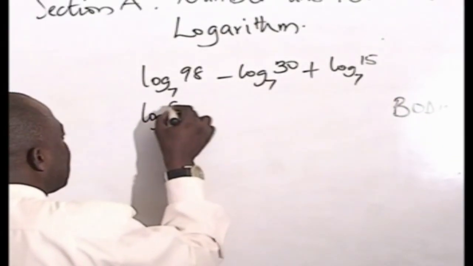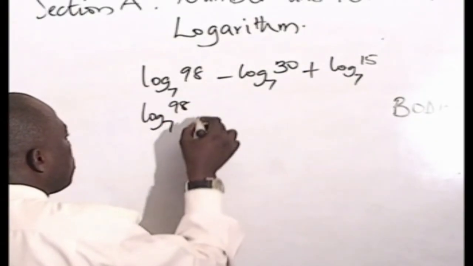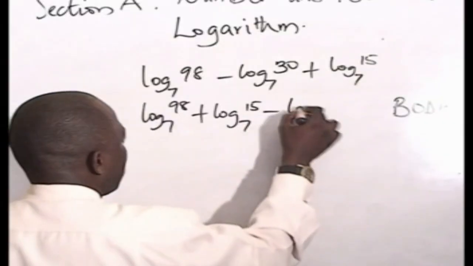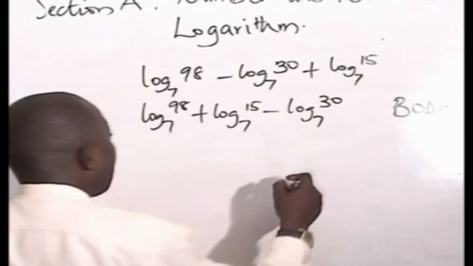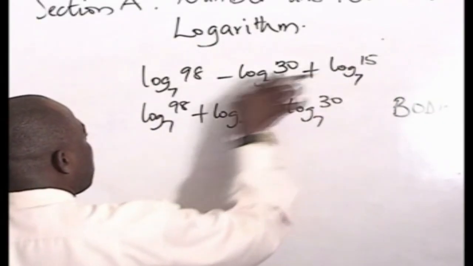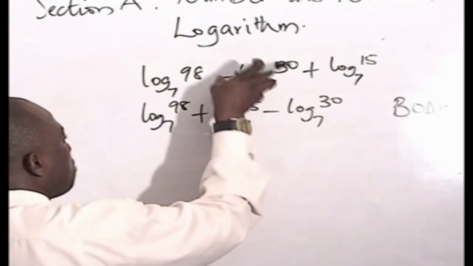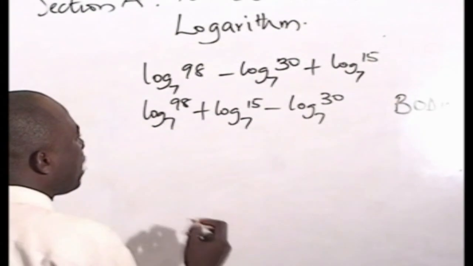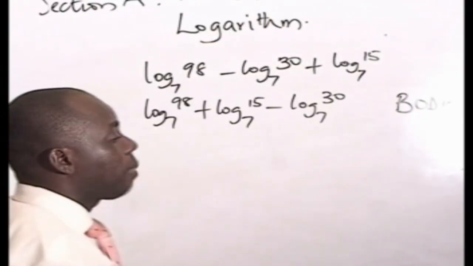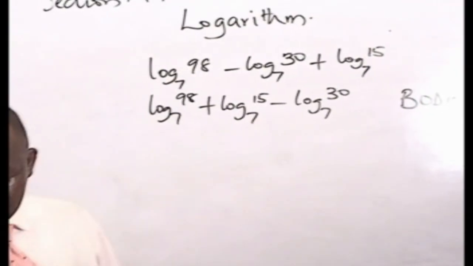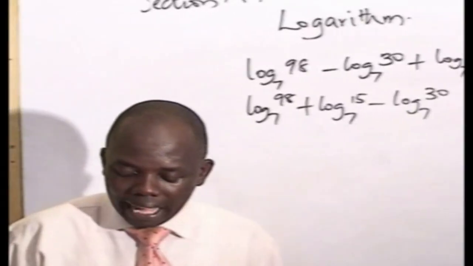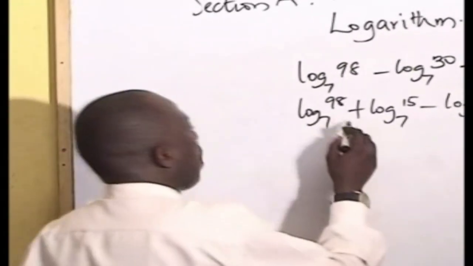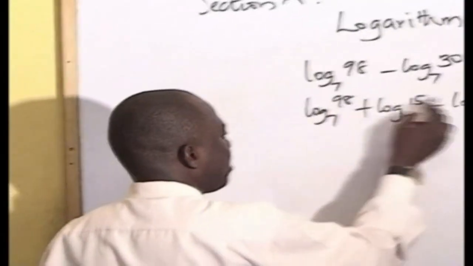Log 98 base 7 plus log 15 base 7 minus log 30 base 7. What I've just done is I brought this one to the front and I have taken minus log 30 base 7 to the back. What you then do next is you apply the first and the second laws, which say when you are adding, you multiply the values.